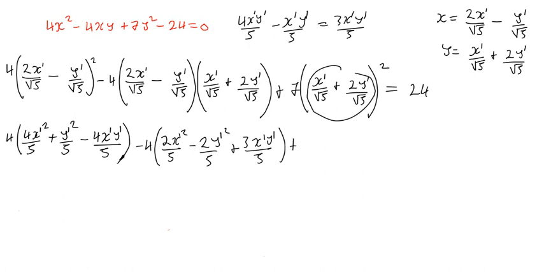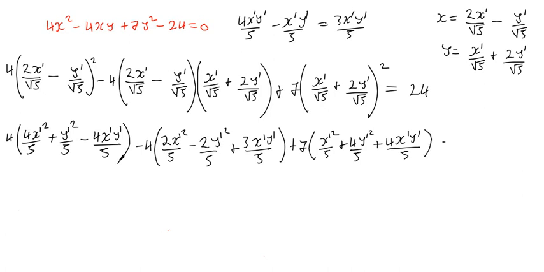On this portion, what are you going to get? That's going to be 7 times x prime squared divided by 5 plus 4y prime squared divided by 5, then plus 4x prime y prime divided by 5. You close, this will be equal to 24.